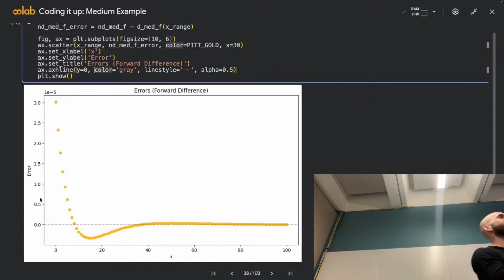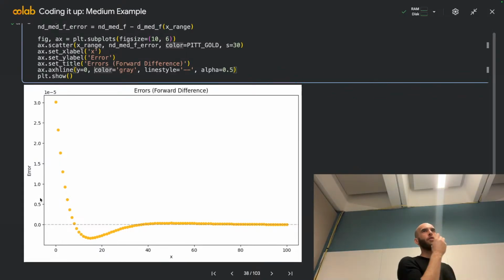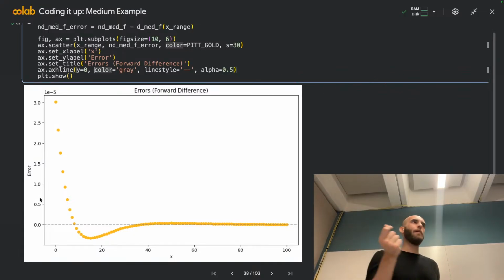We're slightly underestimating the derivative for those values. With very large values, we get pretty close. If you look at the scale here, all of these are actually very close, but you can see there's a systematic mismatch between the two.